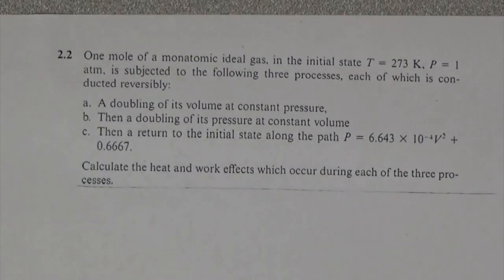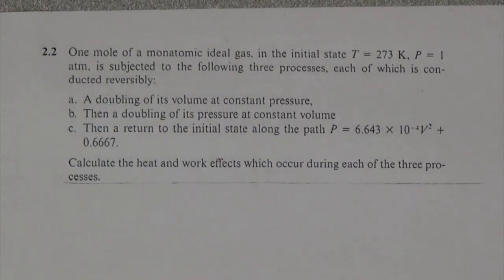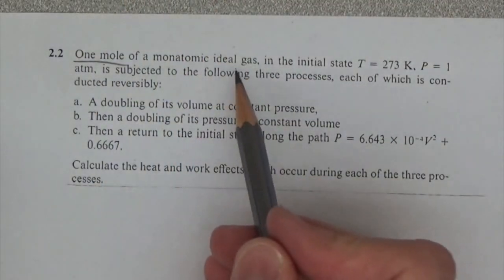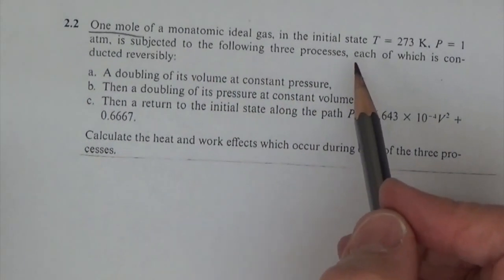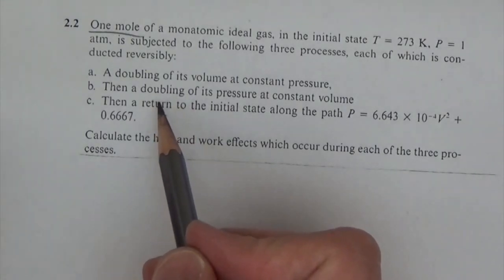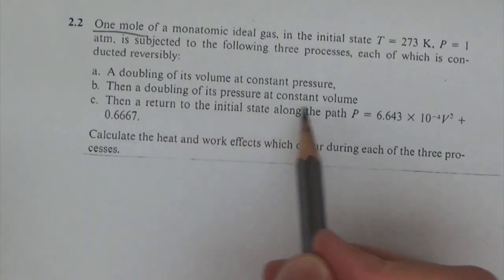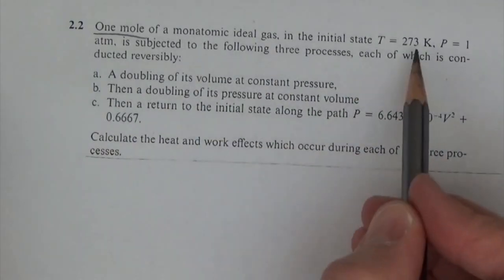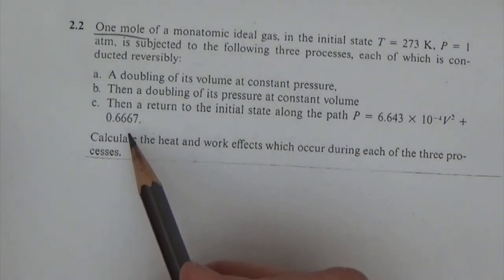In which we are taking 1 mole of our ideal gas, and we're given the initial state and subjected to reversible doubling of its volume at constant pressure, then doubling of its pressure at constant volume, and then subsequently they return it back to the initial state along the path P is equal to some function of volume.